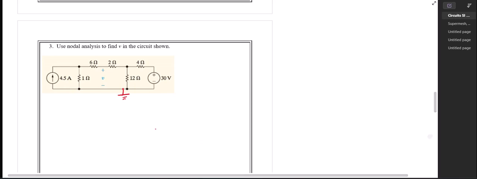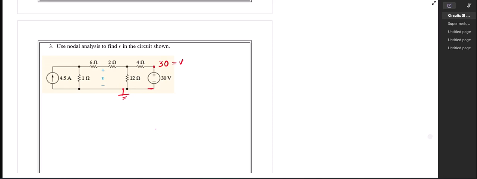So I have this node right here, but I don't have to give that a variable name, because if I call the bottom branch ground, then this one has to be 30, because I've got my 30-volt voltage source. The positive side has to be 30 more than the negative side.